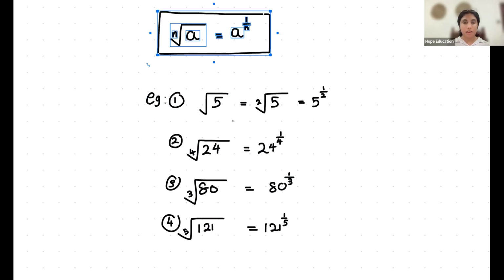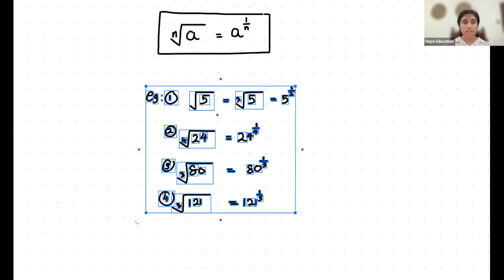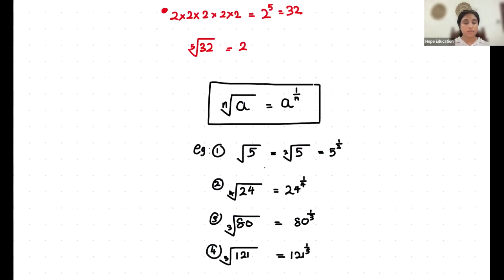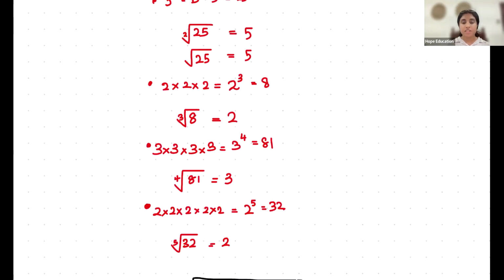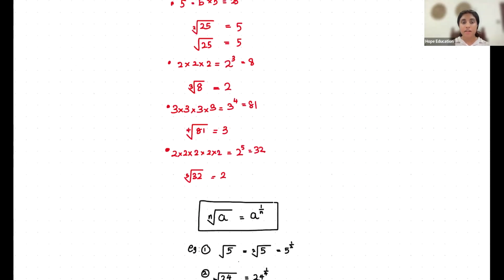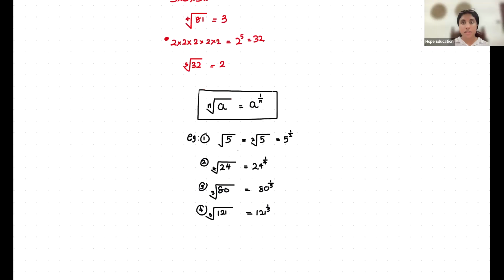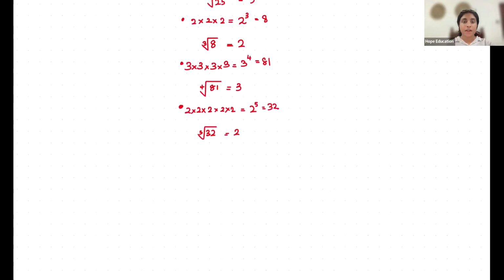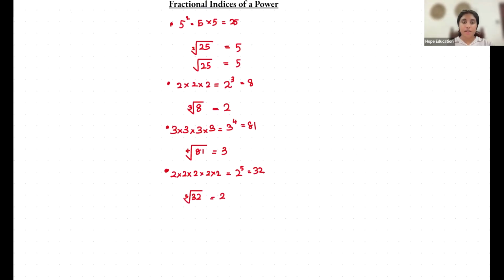Wait, let me rearrange the note a bit. Write the red color part first, just so that you have a general idea before we start this part.